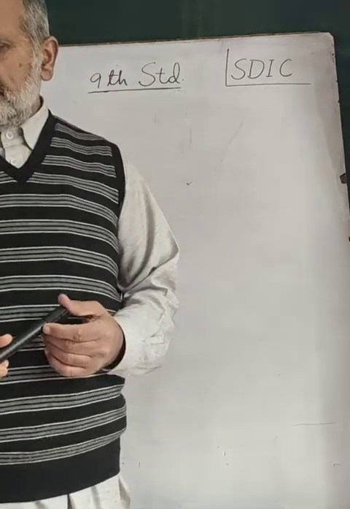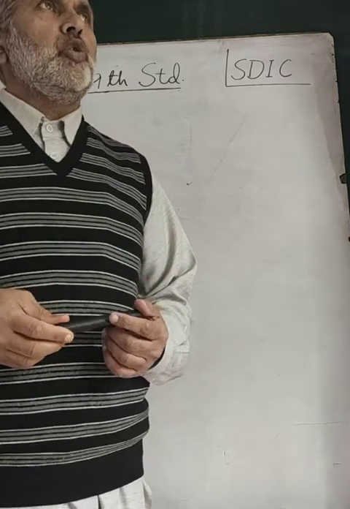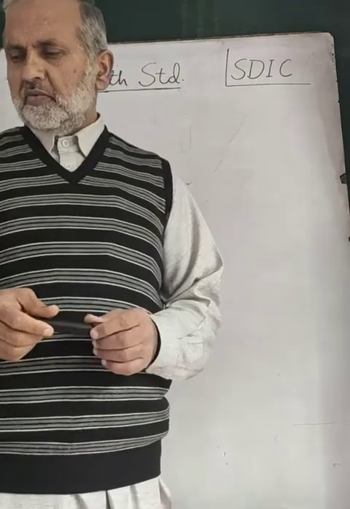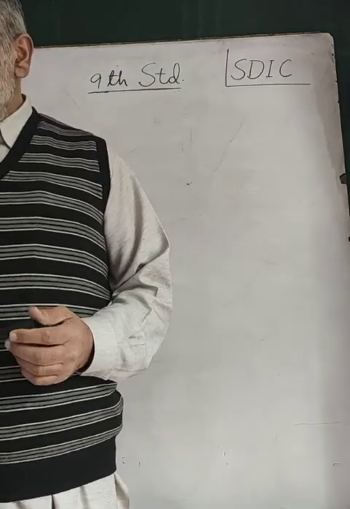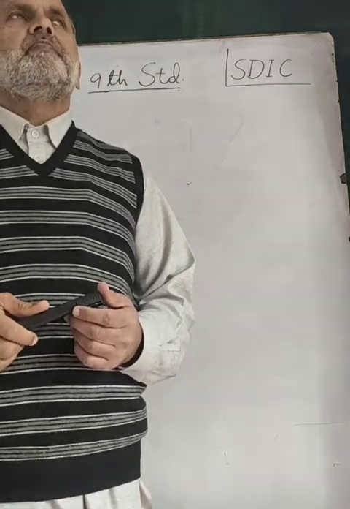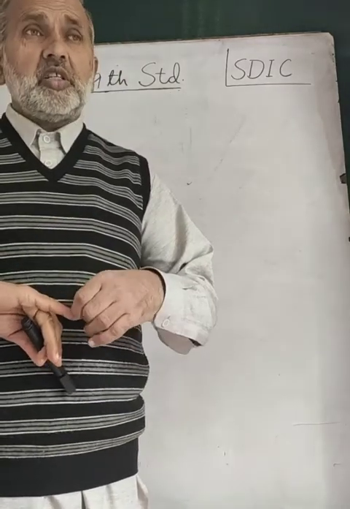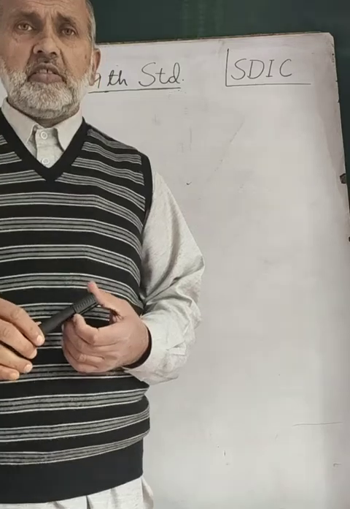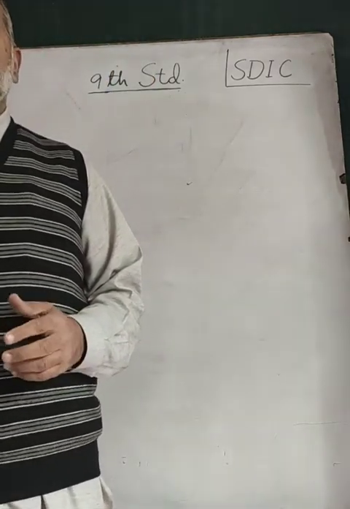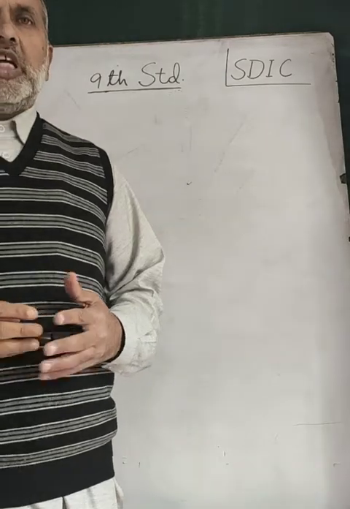Well, children, in the previous video, you must have seen the solutions of two theorems of this exercise, the last exercise of this chapter. This exercise is based on inequalities, and we discussed two theorems last time, converses of each other.